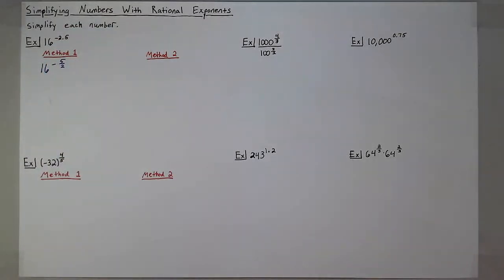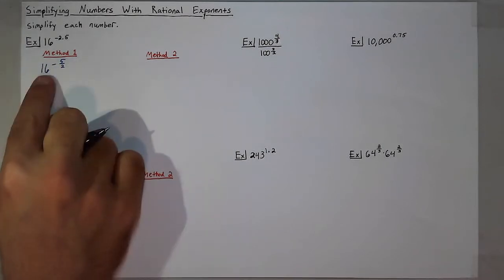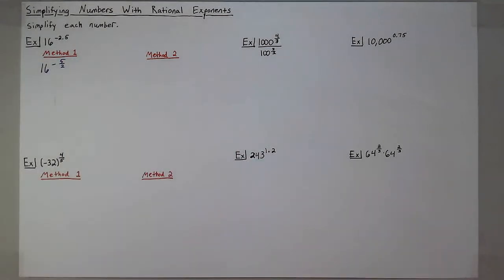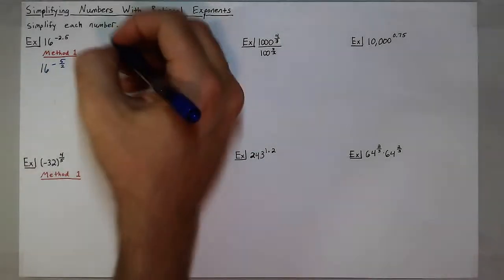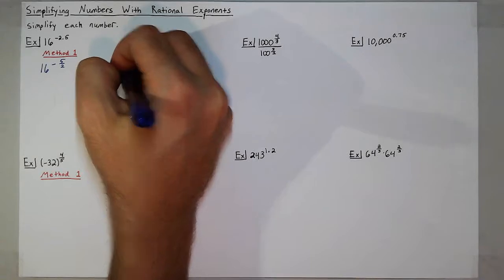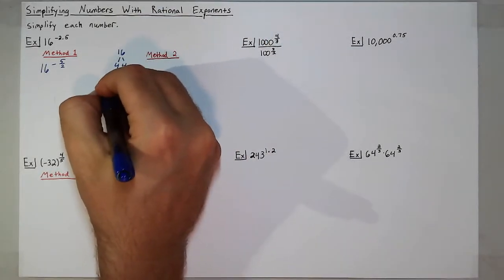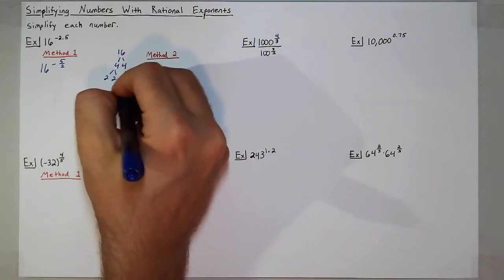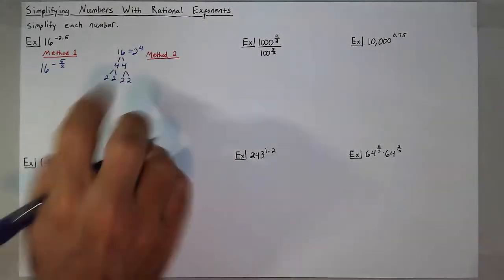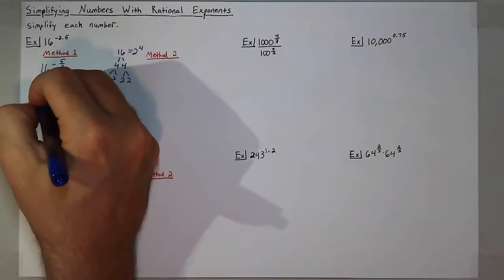The first method involves looking at the prime factorization of 16, or seeing a different number raised to that power. So, for example, I can use the prime factorization of 16, which is 4 times 4, and then each 4 is 2 times 2. So 16 is the same thing as 2 to the 4th power. So I can replace 16 with 2 to the 4th.